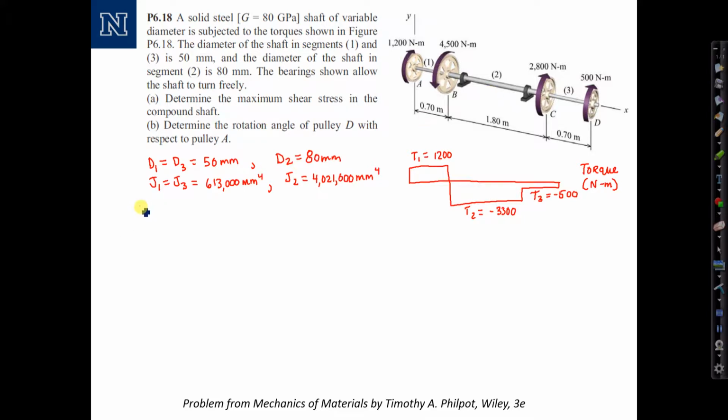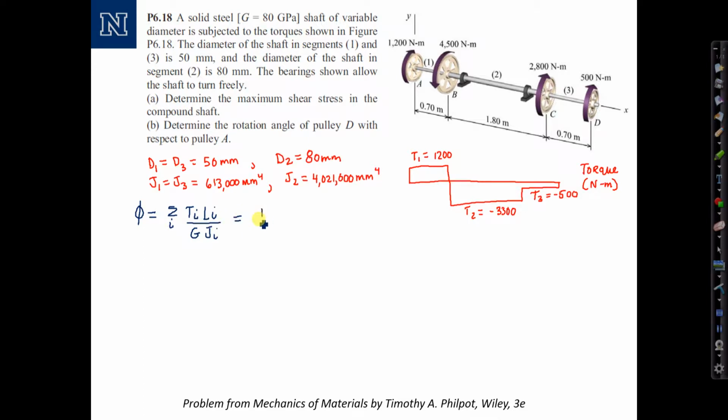So we can add up and find the total rotation angle as the sum of the rotation angles in each shaft, which is found by summing up T sub i, L sub i over G times J sub i. And I left G without the subscript because G is the same for every segment.